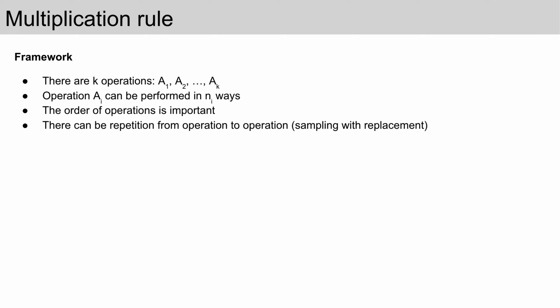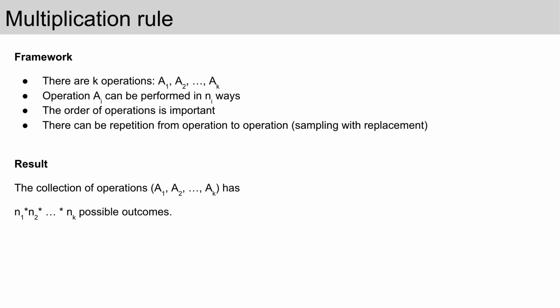Next, as we saw with the smoothie example, the order of operations is important, and there can be repetition from operation to operation. That is, we're sampling with replacement. Then, under this framework, to count up the total number of possible outcomes for the collection of operations, we can multiply the number of ways in which each can be performed. Hence, multiplication rule.